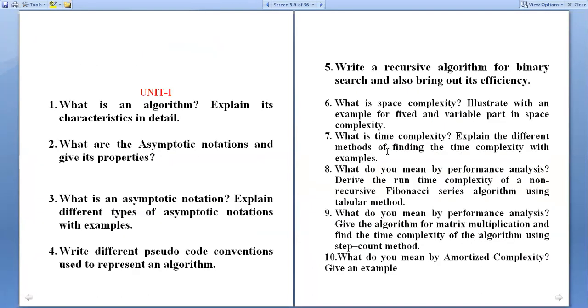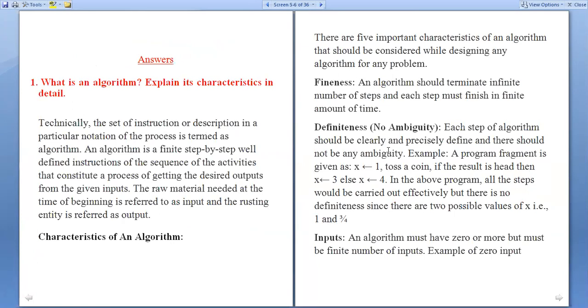So from this, you can easily understand the important characteristics. What is an algorithm and what are the important characteristics of an algorithm? This is a very important question. Try to remember, this is a very concept-oriented question also.